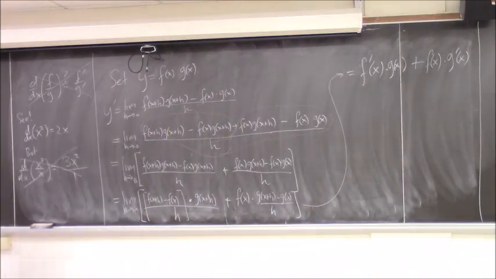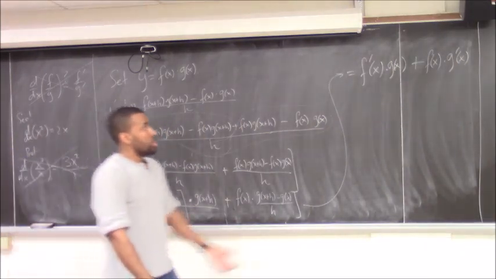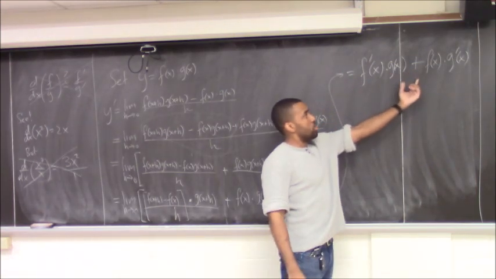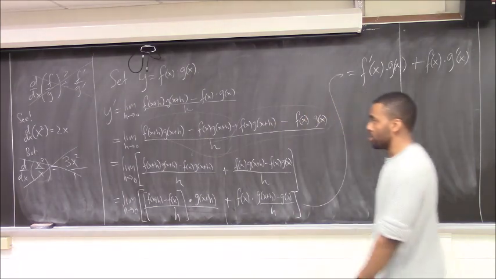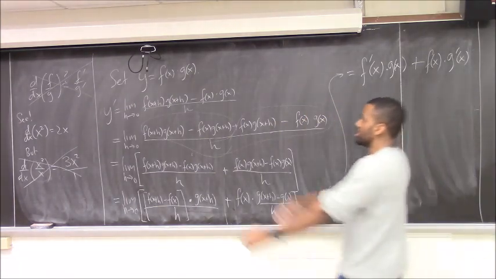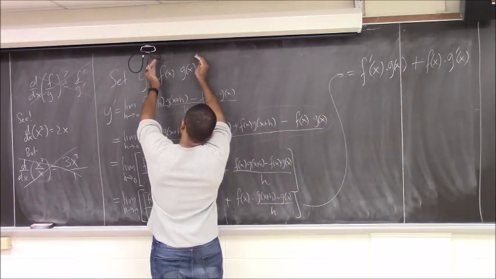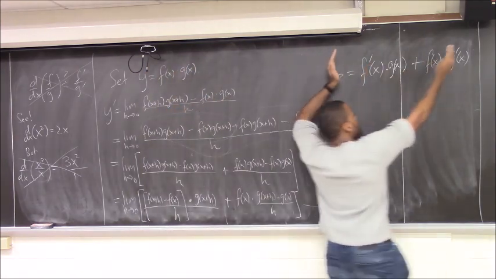And that's the formula for differentiating a product. Differentiate the first one, leave the second function alone, plus you leave the first one alone, differentiate the second one. This is called the product rule. So it turns out if you're differentiating something that looks like two functions being multiplied by each other, this is how you need to differentiate that.